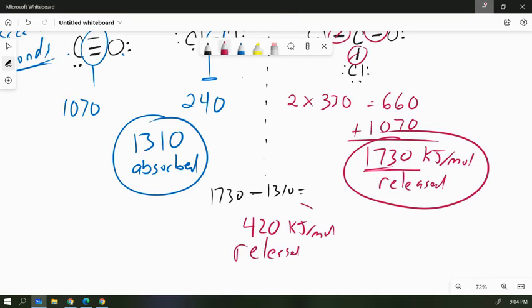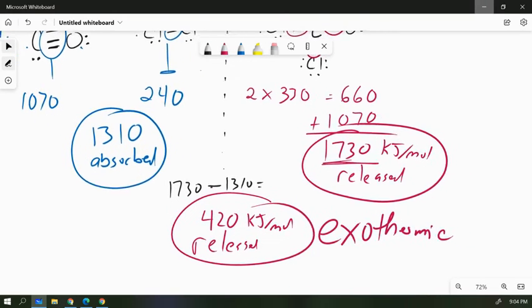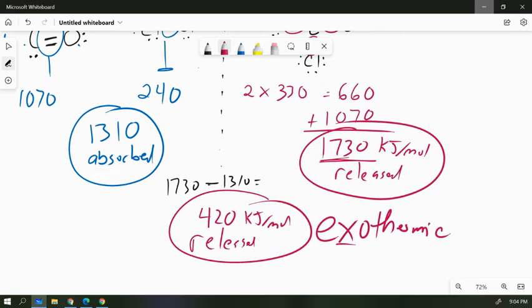Okay. So overall, this is an exothermic reaction. How do I know it's exothermic? We know this is exothermic because more energy is released.